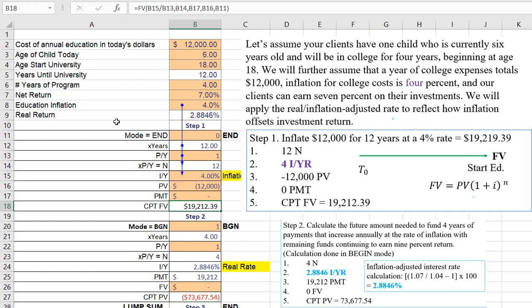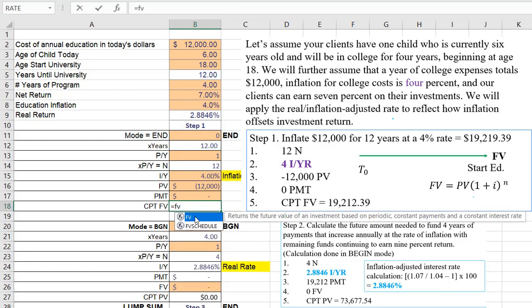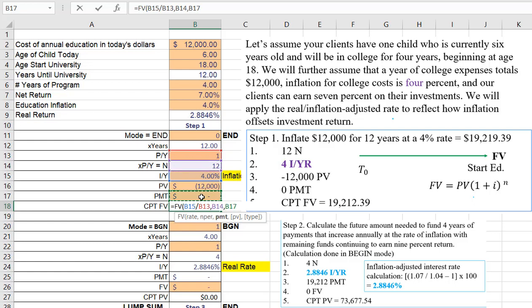I'm going to show you how you do the keystrokes for computing future value. So we're just going to do equals future value. It brings up the functionality. Double click on it. So the first thing it wants is the rate, and this is why I want to show it to you. You take that rate, but in Excel you always have to divide by the periods per year. Then after you do that, you hit a comma. You see it's clicking over here, highlighting the number of periods. That's why I choose my N. Then it's going to payment, which is here 0.